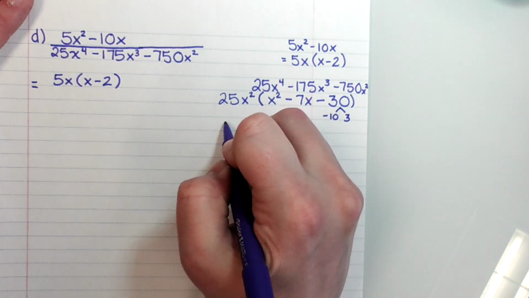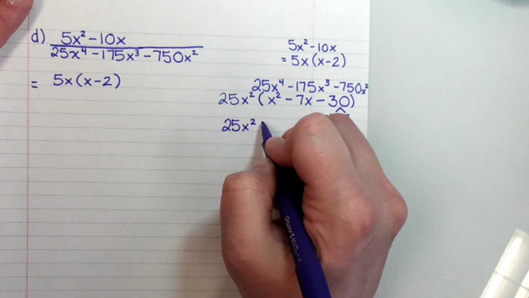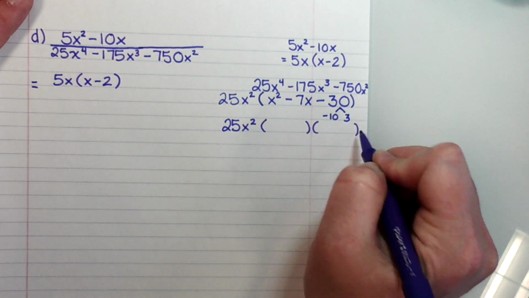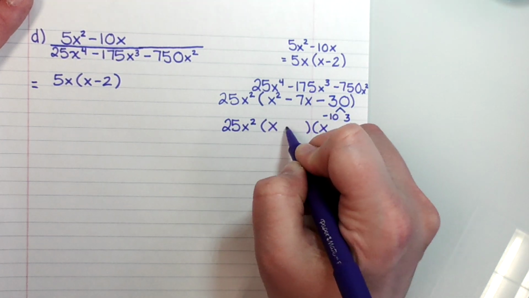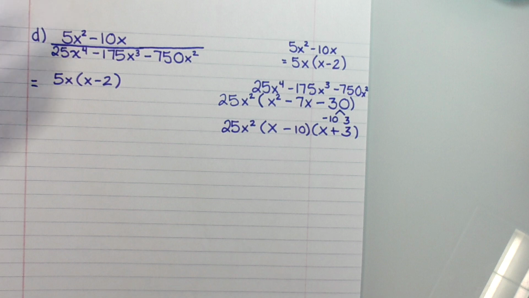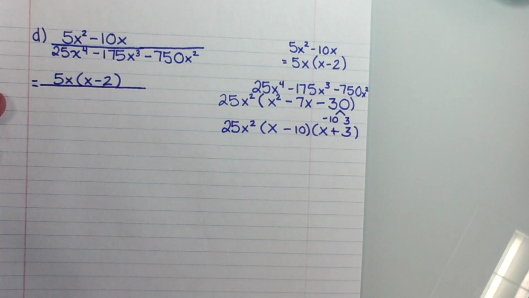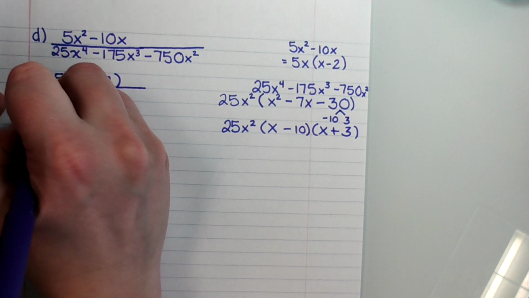It works. So, I still got my GCF, and since I'm doing a shortcut, double parenthesis, they both start with x, and I got a negative 10 and a positive 3. Yeah, I wrote down this problem wrong, but that's okay.